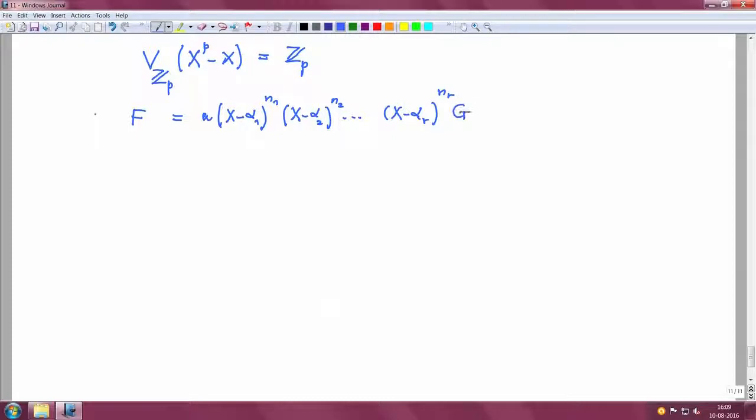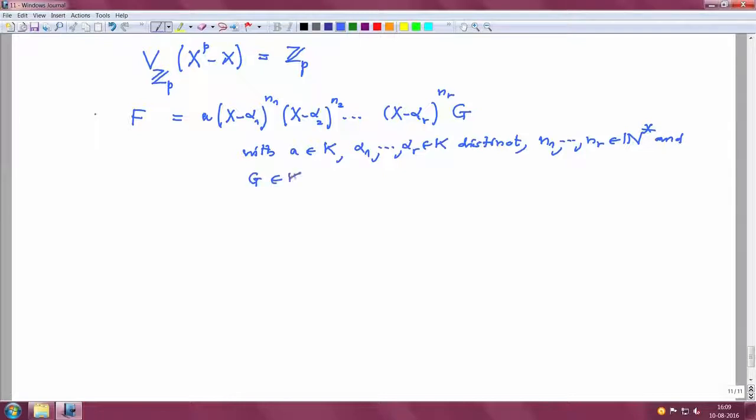Here a is a scalar, alpha 1 to alpha r are distinct elements in k, n1 to nr are the multiplicities of alpha 1 to alpha r respectively and they are non-zero natural numbers, and g is a polynomial with coefficients in k with the property that g has no 0 in k.